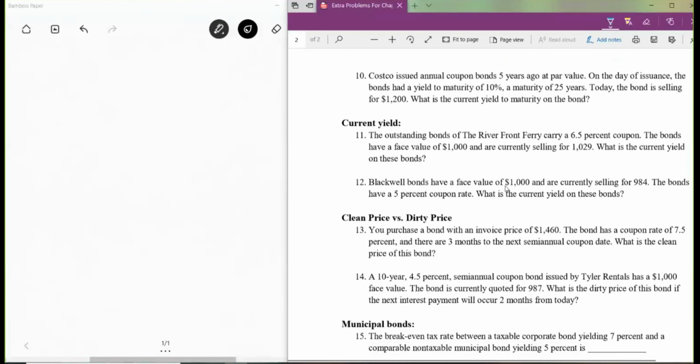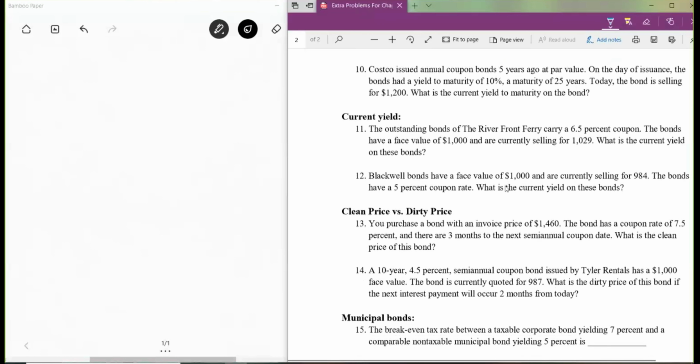Now, the final problem that relates to bond valuation. Costco issued annual coupon bonds 5 years ago at par value. On the day of issuance, the bonds had a yield to maturity of 10% and a maturity of 25 years.